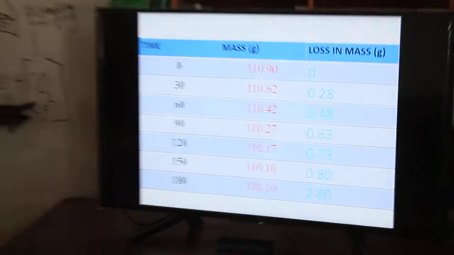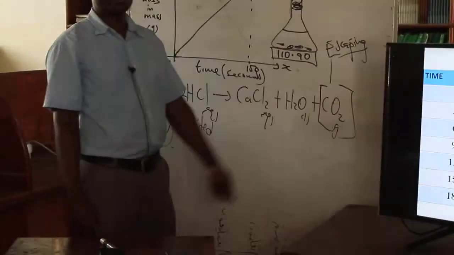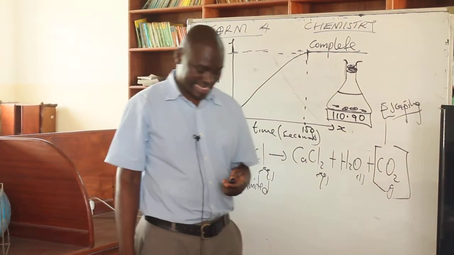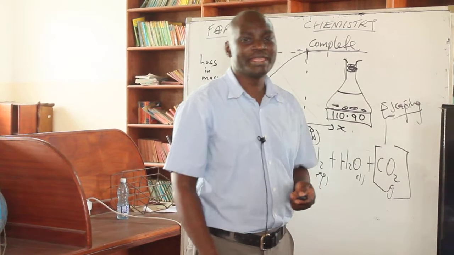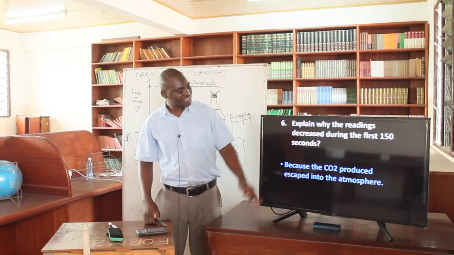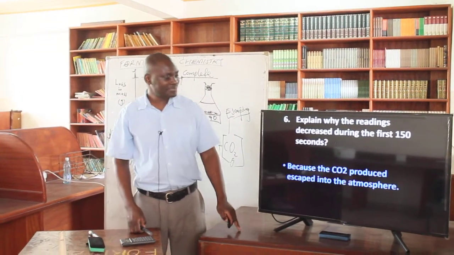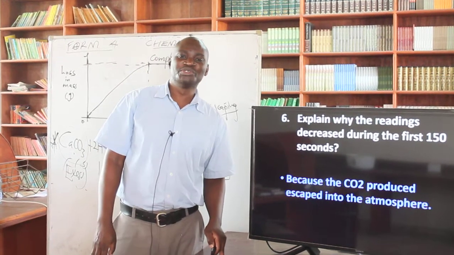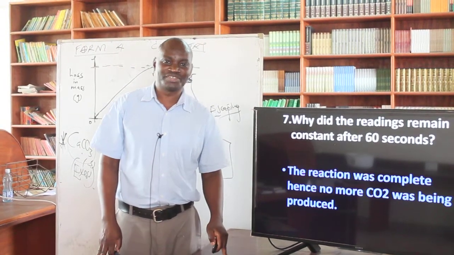This carbon dioxide has mass. As it escapes, the mass must decrease. Therefore, that is the reason why we have a decrease in mass, because the CO2 produced escaped into the atmosphere.